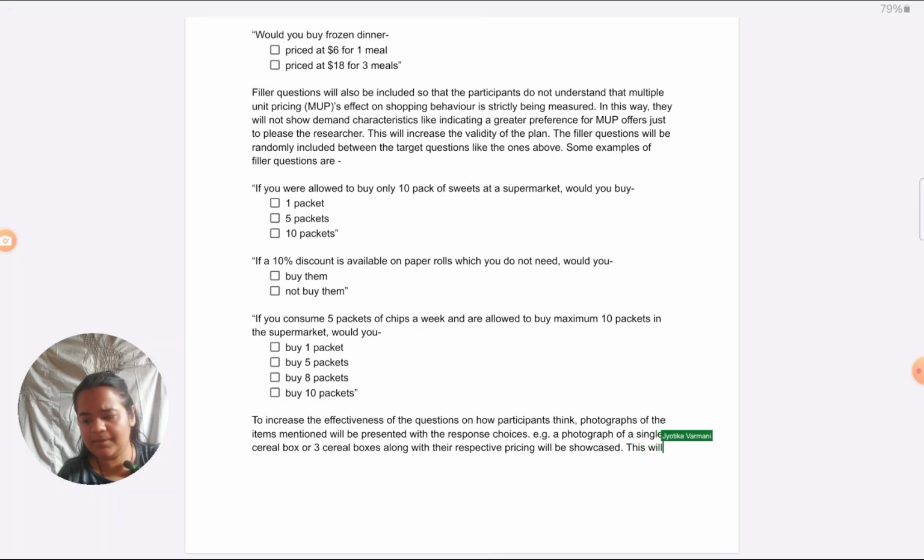This will help participants think about their choices as they would really in a supermarket, increasing the validity of the plan.